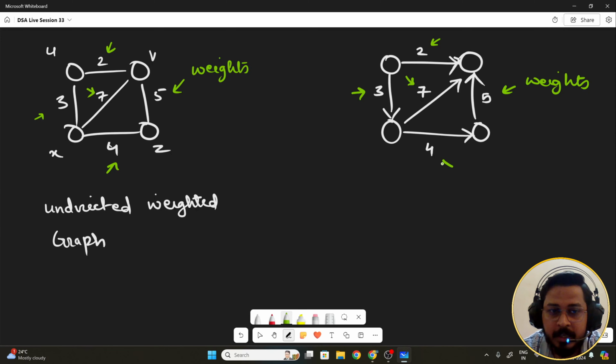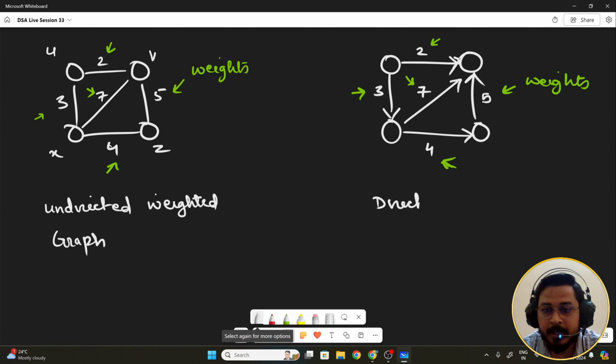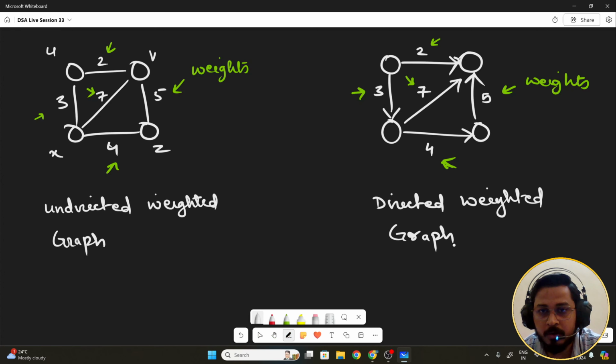Whenever there is some number given onto any of the edge of the graph, it is called as weight. This will be called as directed weighted graph. Okay, okay, guys. I hope this is very, very much clear to all of you.